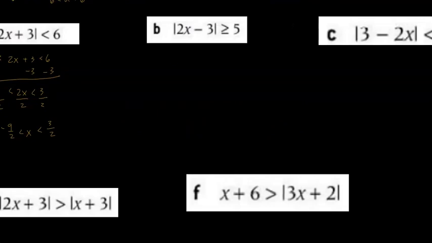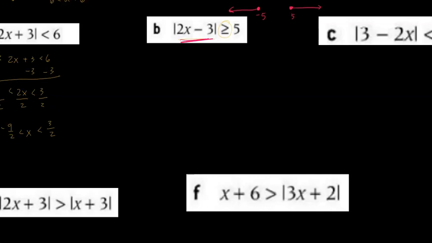Okay, next one. Now, this one is going to be greater than or equal to. Greater than or equal to means that whatever's inside of the absolute value function is going to be either less than negative 5 or greater than 5.